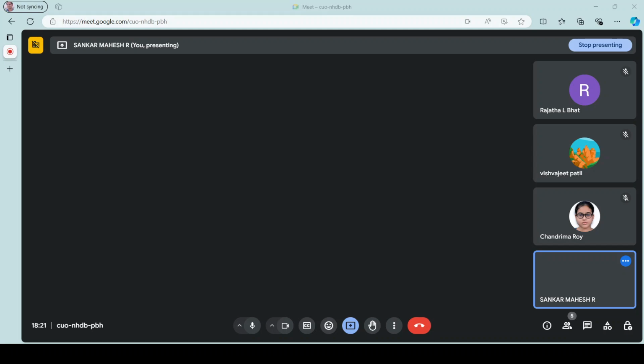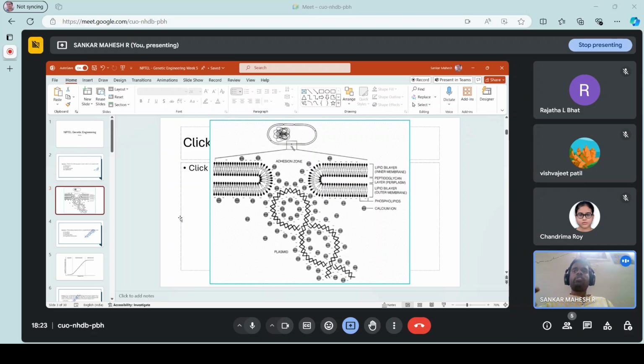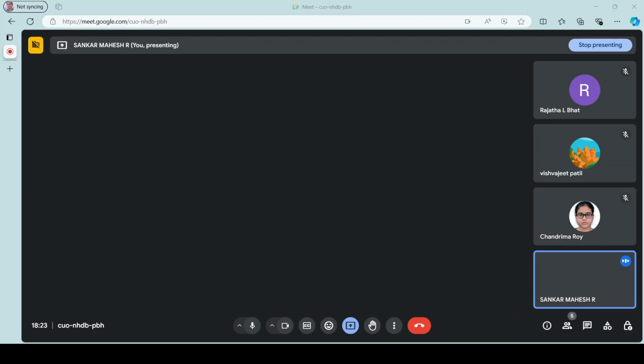After you give a heat shock at 42 degrees Celsius, you will keep it on ice for a few minutes. At that time, these pores will close. So this way, you will ensure that the DNA is entering the cell. So this is the mechanism by which DNA enters the cell. Was it clear?